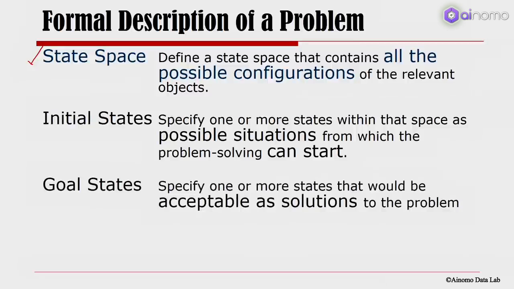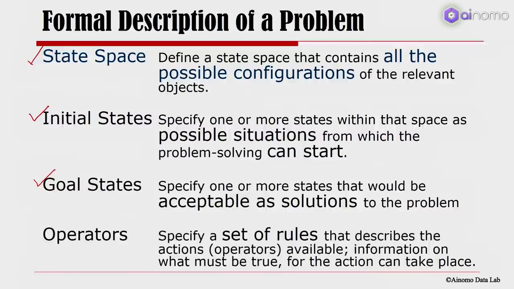Thereafter, we have the goal state. The goal state specifies one or more states that would be acceptable as solutions to the problem. And of course, this is about only the different configurations of states that we are talking of. Together with it, we would need a set of rules that describes how we are going to move from one state to the other state. So these are called operators.